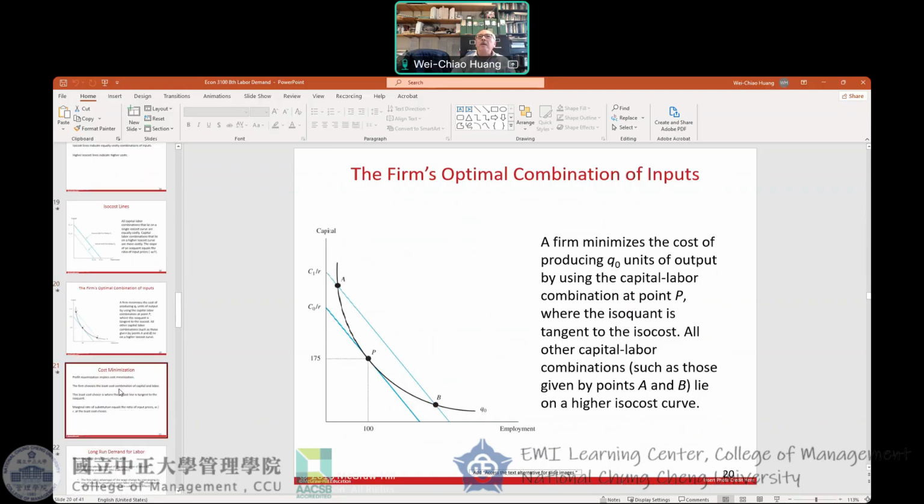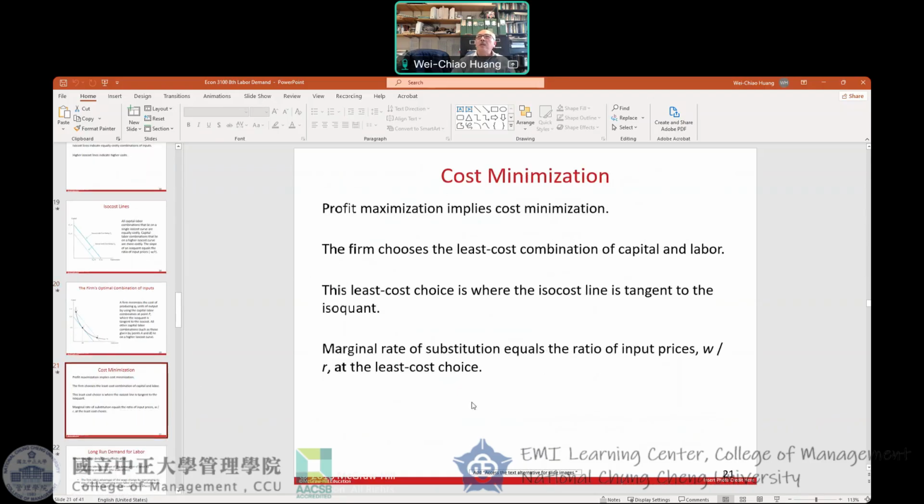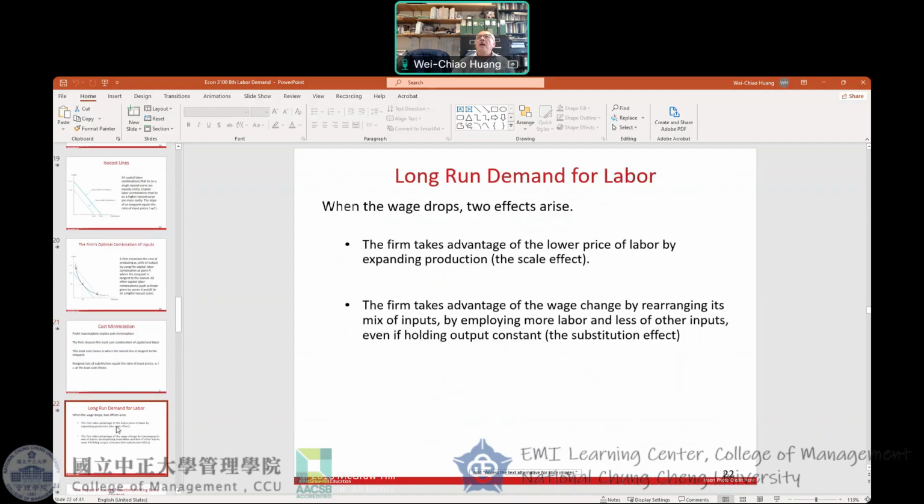And from there, we got the cost minimization condition: the least cost choice is where the iso-cost line is tangent to the isoquant, and the marginal rate of technical substitution equals the ratio of input prices. That is the least cost choice.